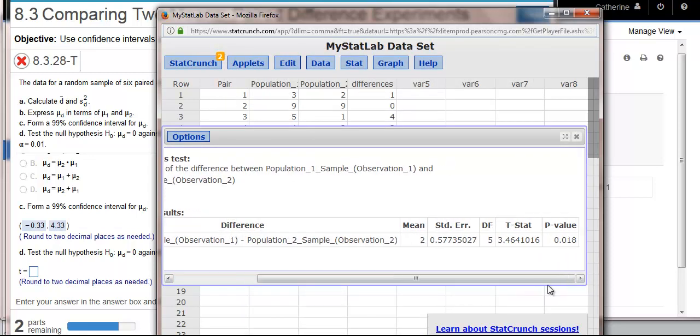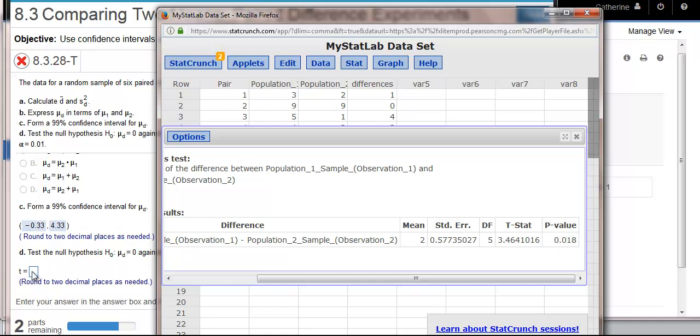Great, and here we have a t-statistic of 3.464, etc., and we're supposed to round at 2 decimal places, so we'll call that a 3.46. And our p-value is a 0.018, and I think we're supposed to round that to 3 decimal places, so that looks good.